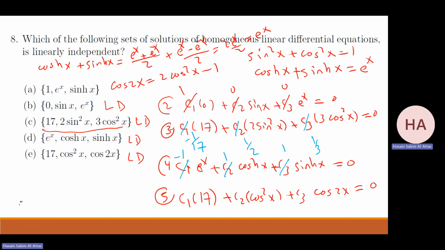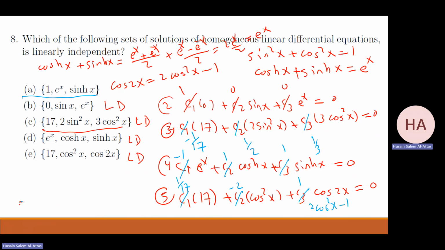Now I need to choose C's satisfying these things. So I have now 2 cosine square minus 1. I need to cancel this. So choose this to be -2. So -2 cosine square plus 2 cosine square will be 0. And I will choose this to be 1. So you have 1 minus 1, which is 0. So now all of this is linearly dependent.